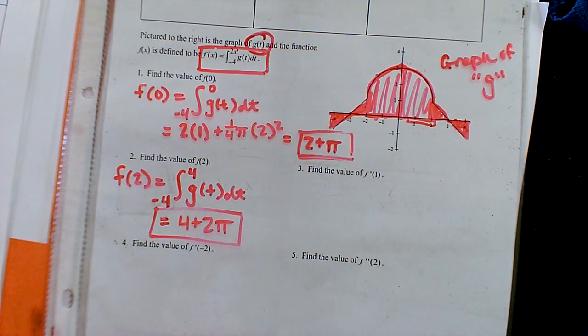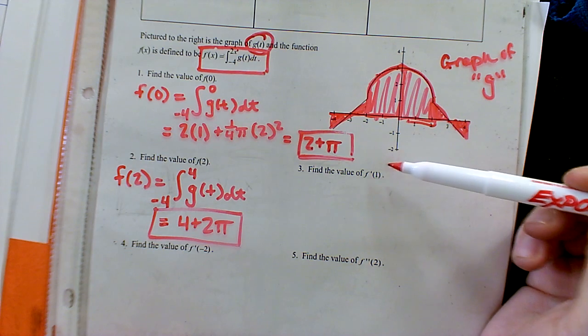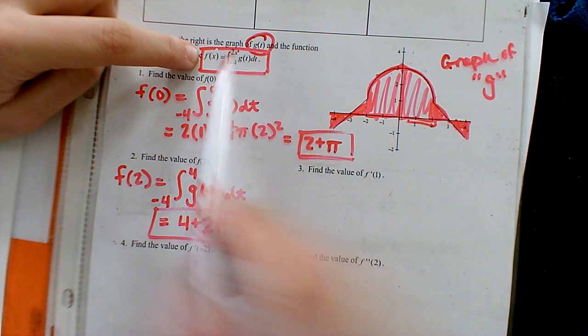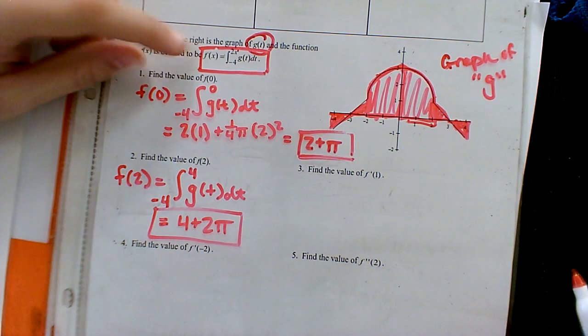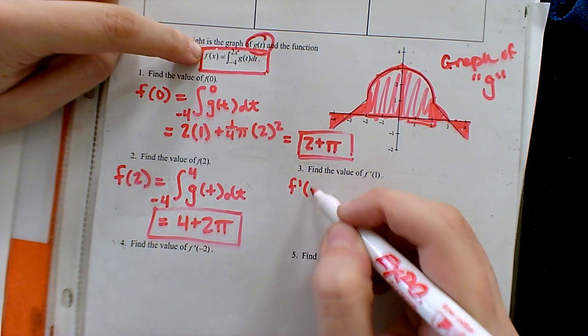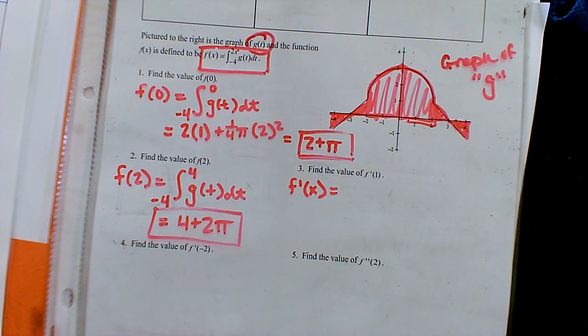All right, so now the question becomes, what if we wanted to find the derivative of f at 1? So if this is the regular f equation, we're going to have to take the derivative of this. If you take the derivative of the left side, we can denote that as f prime. But now we have to take the derivative of the right side.